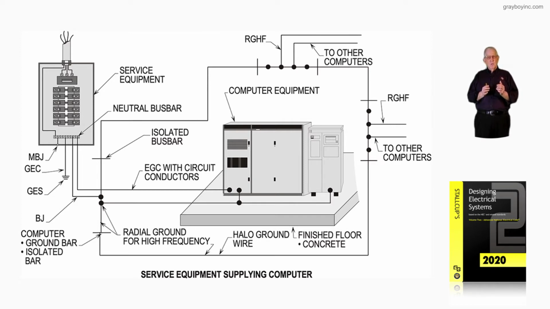Now the figure loop says, well, you can also review figures 16-99 as well as figure 7-22A and B for cord and plug connected equipment. Now chapter 7 is in volume 1 of Stallcup's electrical design book.